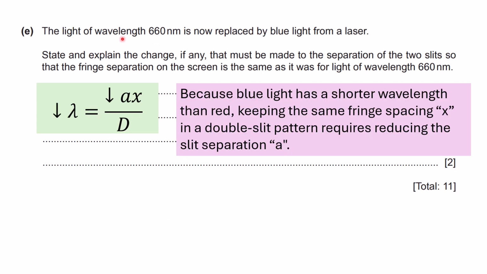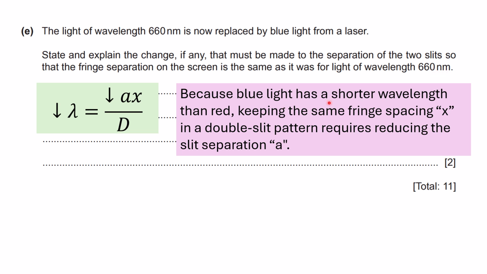The next question. Now the light of 660 nanometers is replaced by a blue light from a laser. State and explain the change, if any, that must be made to the separation of the two slits so that the fringe separation on the screen is the same as it was for light of wavelength 660 nanometers.